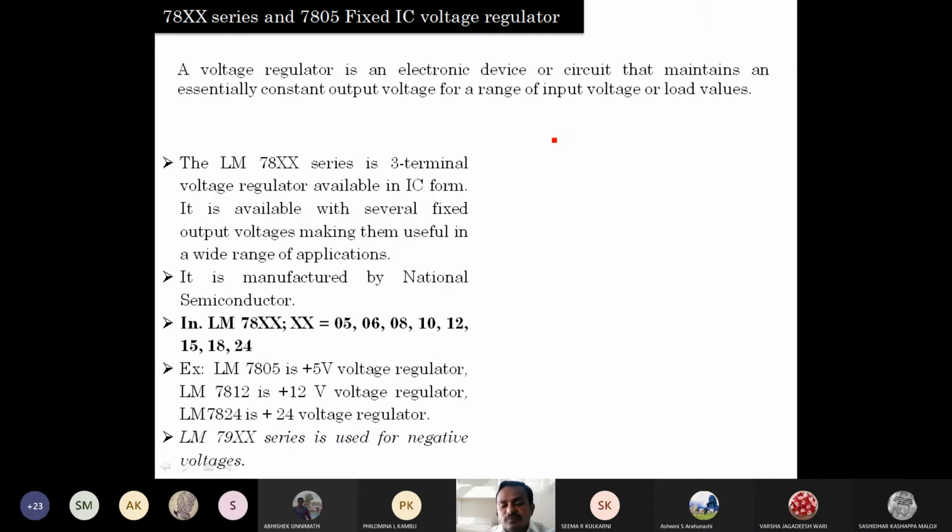If you need negative constant voltages, you need to use the 79XX series IC, with the same XX meaning the same voltage. That is, 7905 gives minus 5 volts, 7906 gives minus 6 volts, and 7924 is a minus 24 volt regulator.